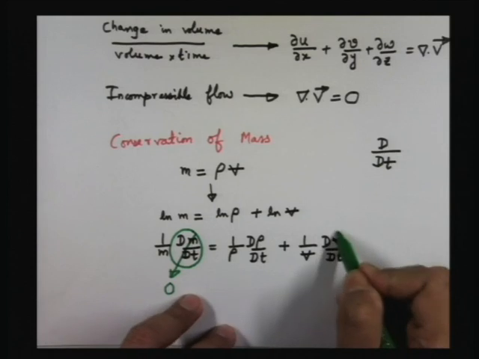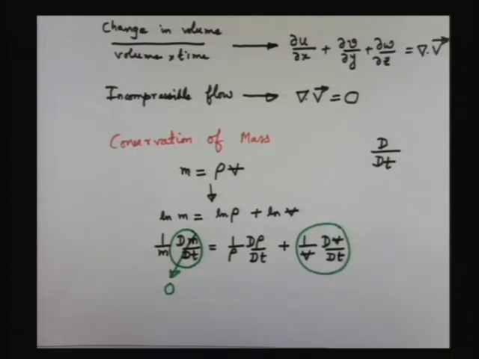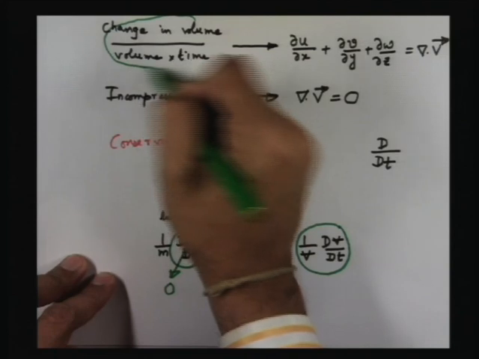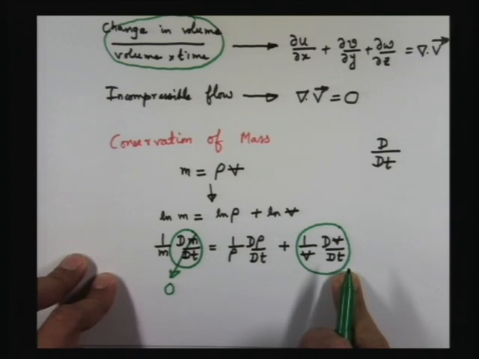Come to this term. What is this? Let us see what we have written here at the top. Change in volume per unit volume per unit time, that expressed in a differential form is this one, right?